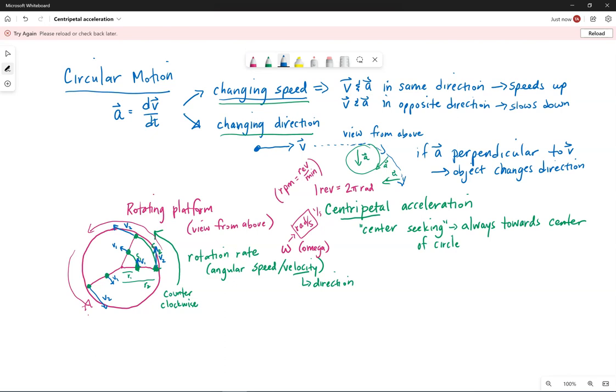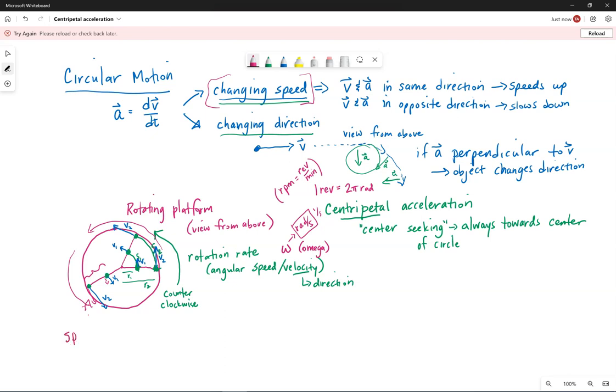Okay. Now again, going back to acceleration, we've been talking about the acceleration involved in changing the speed, speeding an object up or slowing it down. So if I come back to this picture, if either one of these masses is speeding up, they will need an acceleration in the same direction as their velocities.